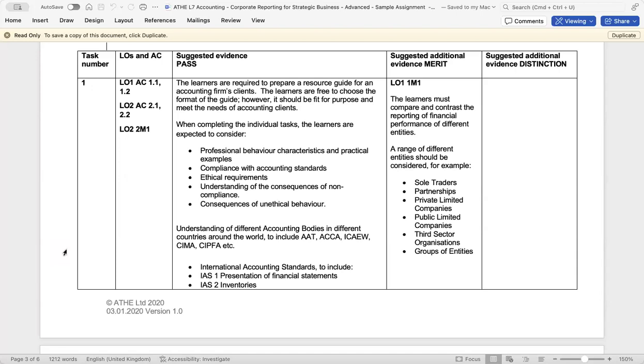Then the pro forma statement of profit or loss, a template used for preparing financial statements in accordance with IFRS standards. It ensures consistency and comparability across different reporting periods.